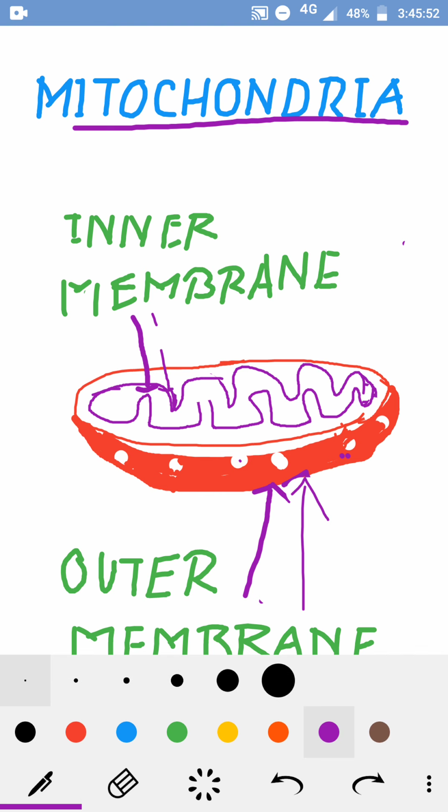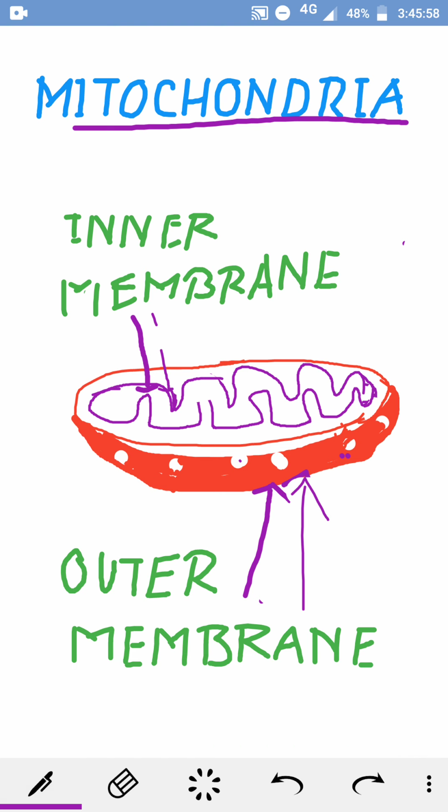This infolded part of the organelle increases the surface area, and it helps in ATP generation. So these are the parts of mitochondria we discussed.